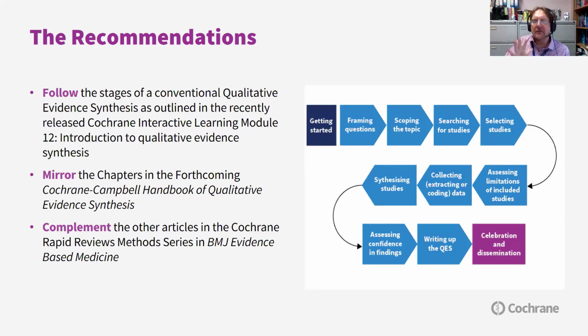And although that covers the conventional process rather than the rapid process, these stages are common to both. And by using this sort of structure, and with the co-authorship of Jane Noyes and myself across the module and the handbook and this article, we're hopefully joining up these different strands.